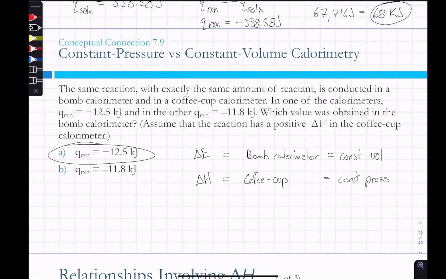Try to explain it as if you're explaining to somebody who doesn't know what it is. And if you can make those connections between each of the things, it'll make it easier to remember, because the reason that the coffee cup calorimeter measures delta H is because it allows for an expansion of gas. And if the gases expand against pressure, then it's doing work and you lose a small amount of energy. But being able to remember that chain of things is the tricky part.